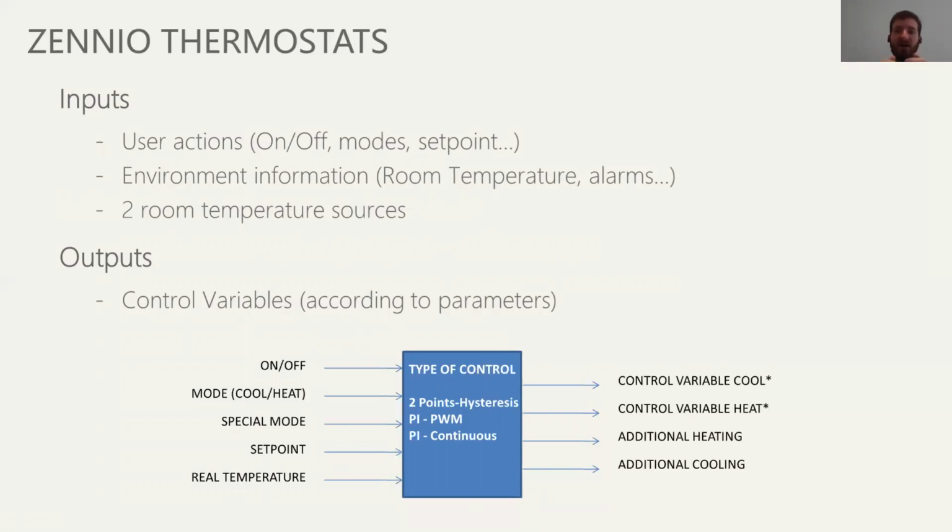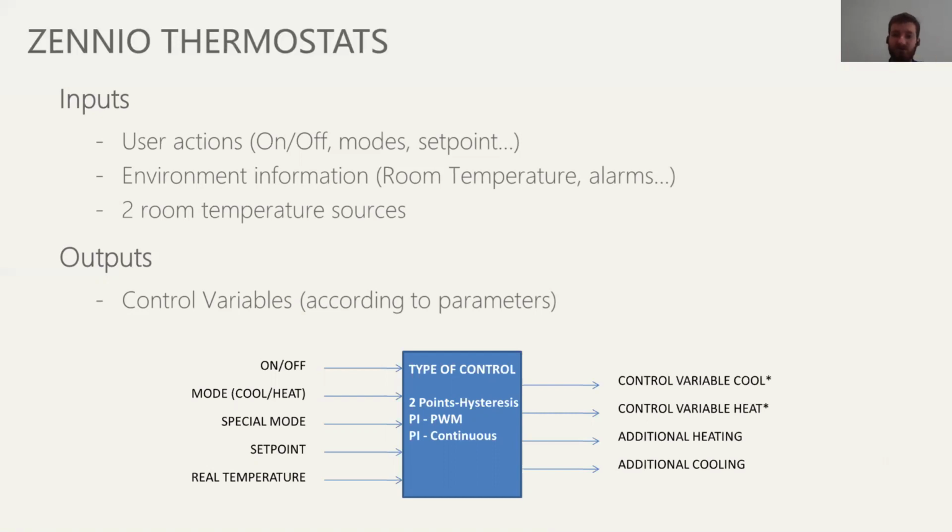Okay, I'm in comfort mode, my set point is 22 degrees, and the room temperature is 20 degrees, so I have to heat up the room, but because I'm in cooling mode, I cannot heat the room. If I'm in automatic mode change and I'm under the set point that's been decided to be used, then I can produce heating, so I will demand heating, and that output is what we consider a control variable.